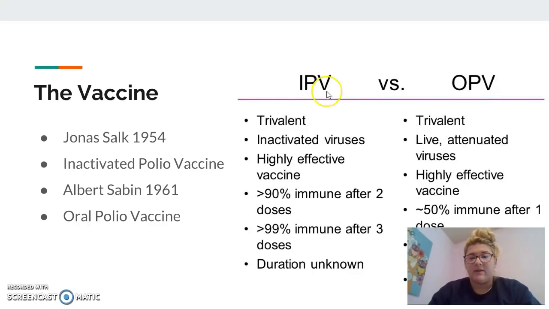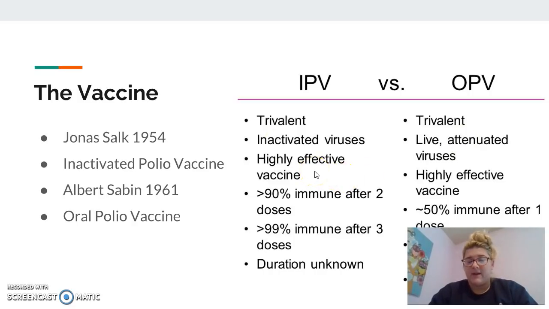Both of them are trivalent, which means that they both work to combat all three types of the poliovirus, PV1, PV2, and PV3. The big difference between these is that IPV is an inactivated virus, but OPV is a live virus.